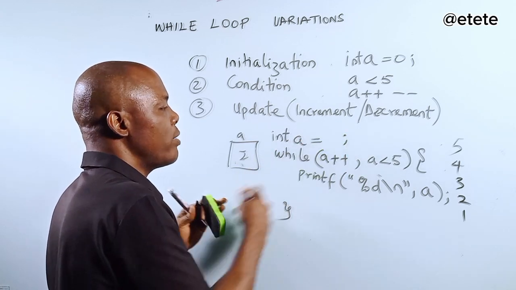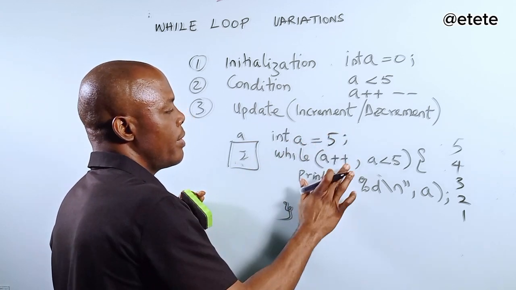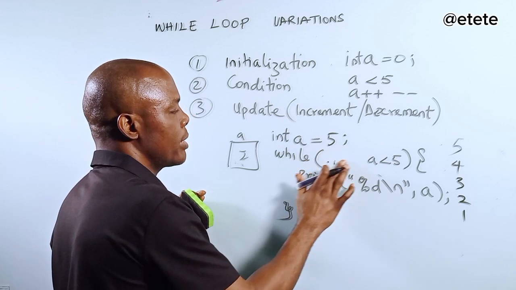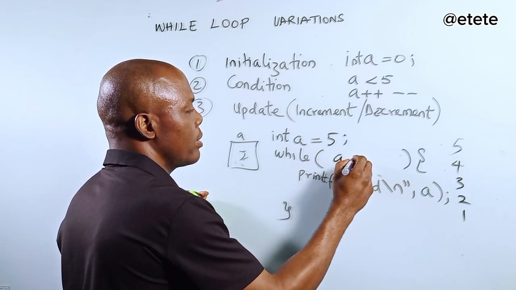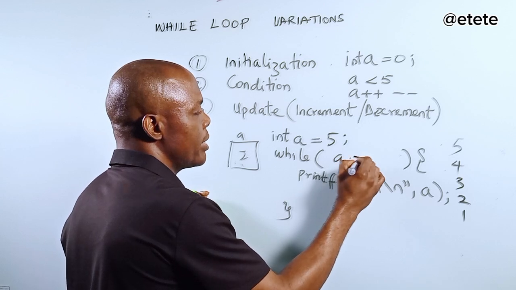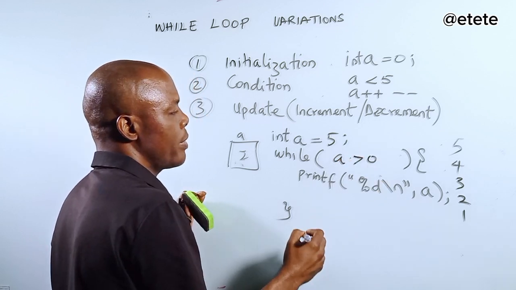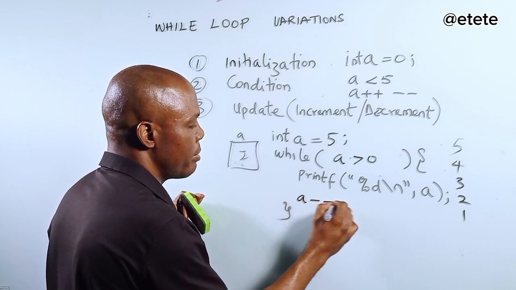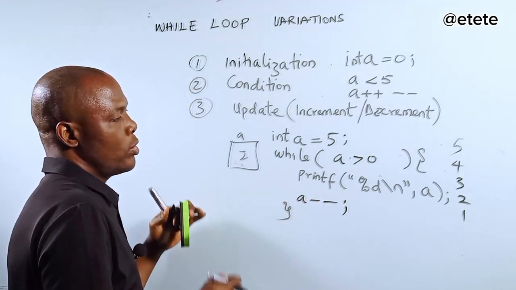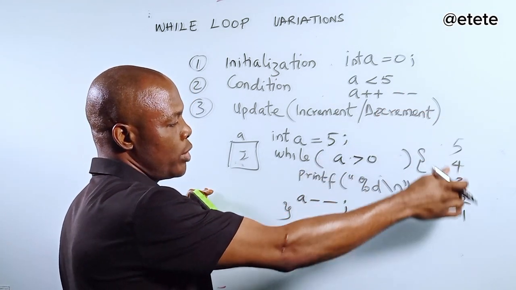I will change the value to 5. Right? And then this place, I will write this one as A greater than 0. Right? And then here I will do A minus minus.